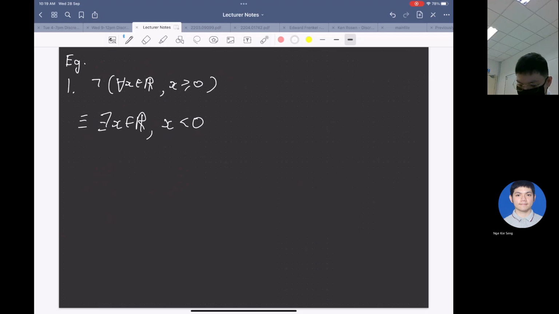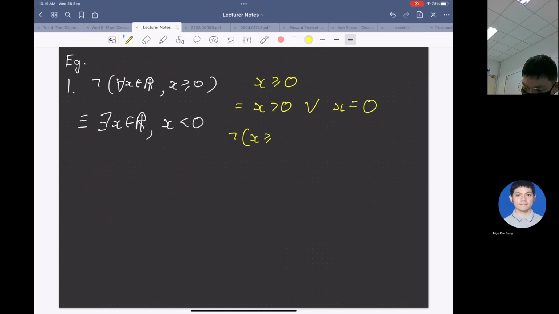Actually, there is something happening here. x greater than or equal to 0 is actually x greater than 0 or x equal to 0. Let me show you the more detailed work.